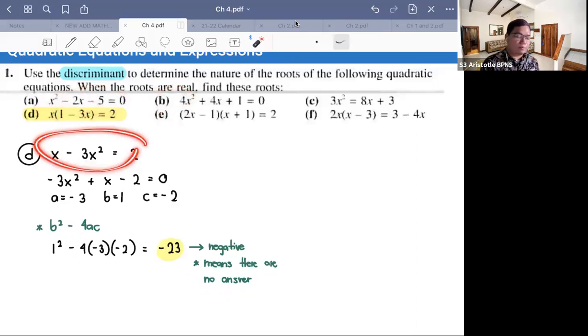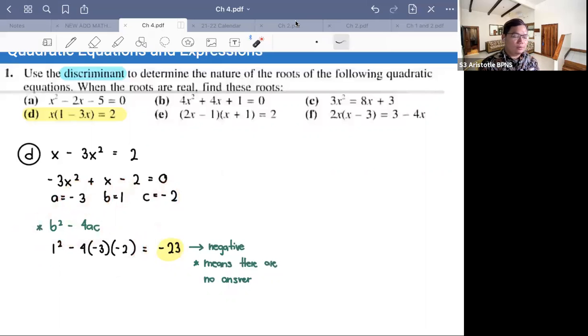And then you rearrange them, putting negative 3x squared, and then plus x, and then transpose 2 to the left side, so it becomes minus 2, and then equals 0. So from there, you can now identify your A, B, and C, which is negative 3, 1, and negative 2. And then let's use the discriminant, b squared minus 4ac. Once we have this, your answer is negative 23, meaning that there are no real answers for this one.